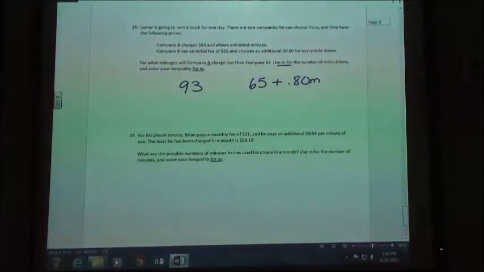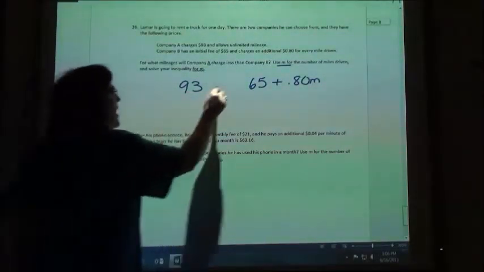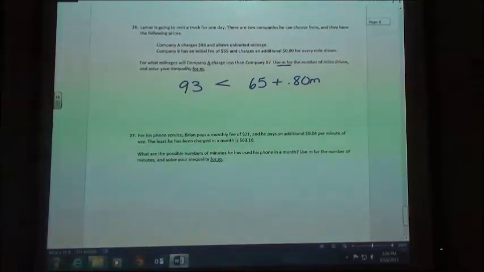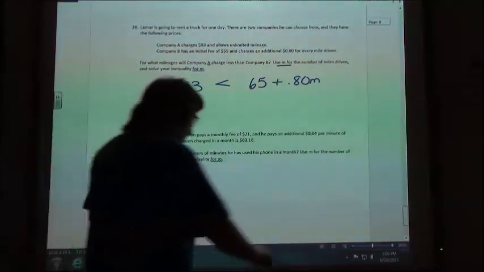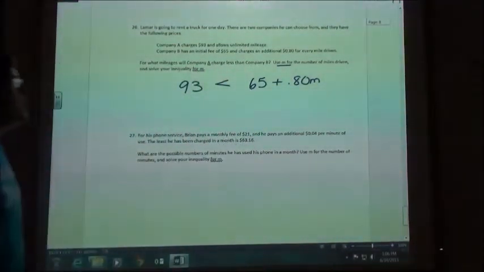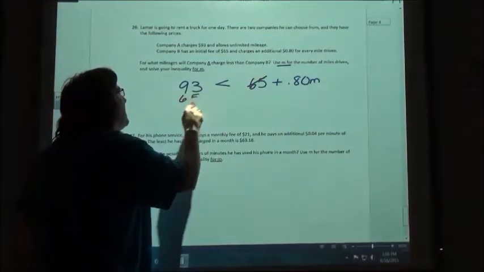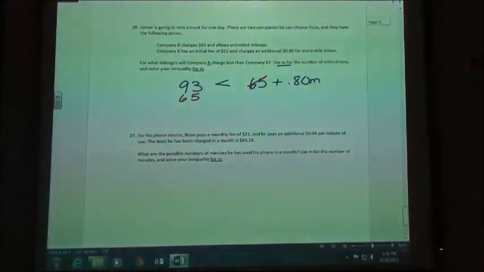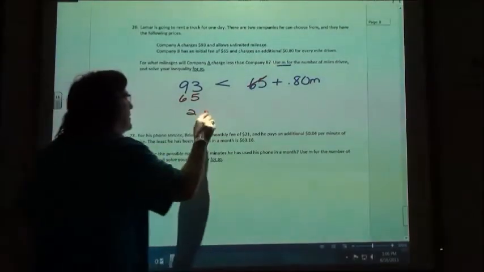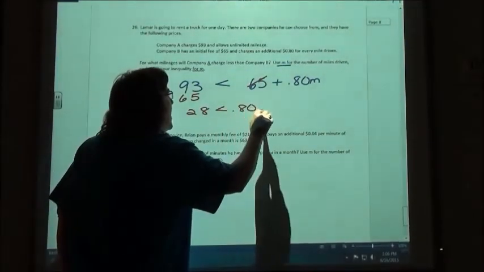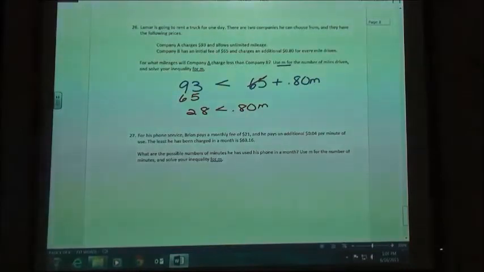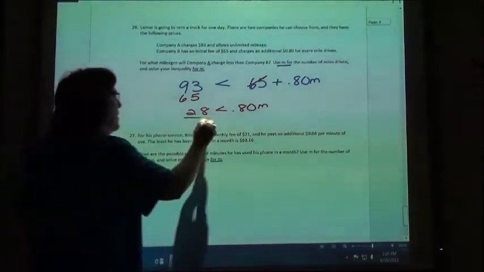So what mileages will Company A charge less than Company B? I want A to be less than B again. And so I just put a less than symbol in there. So if I'm going to solve this, I'm going to subtract my 65 first, and I would get 28 is less than 0.80 M, and then I would divide by my 80 cents.